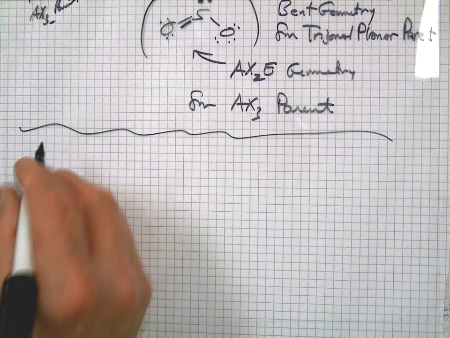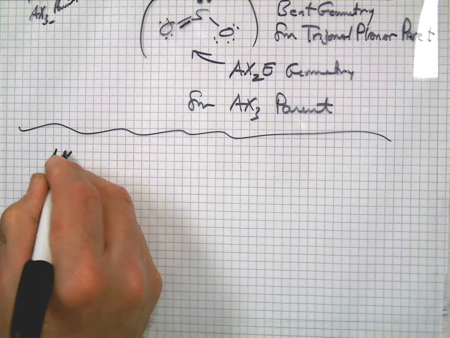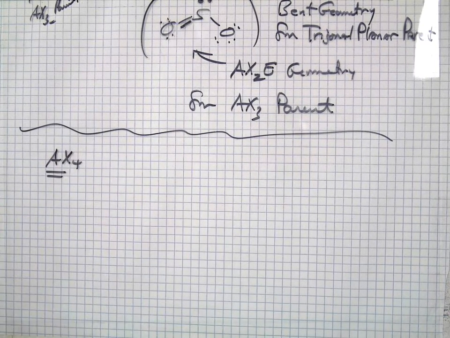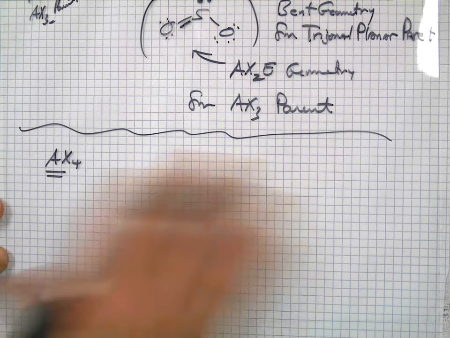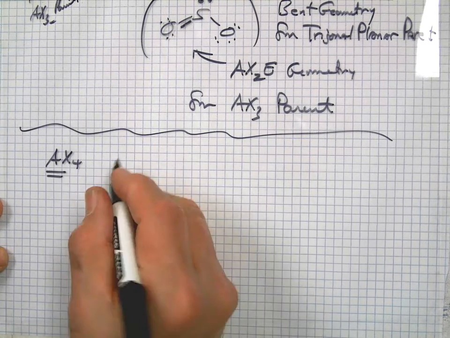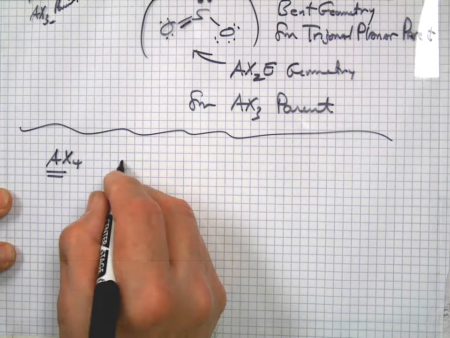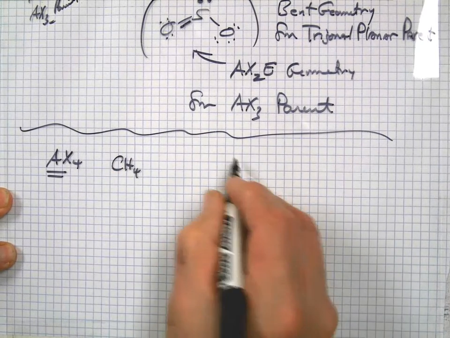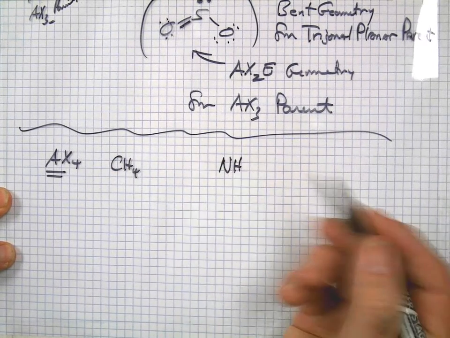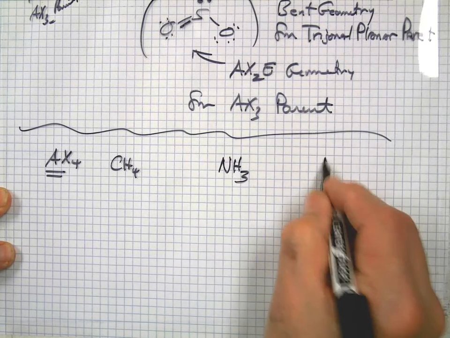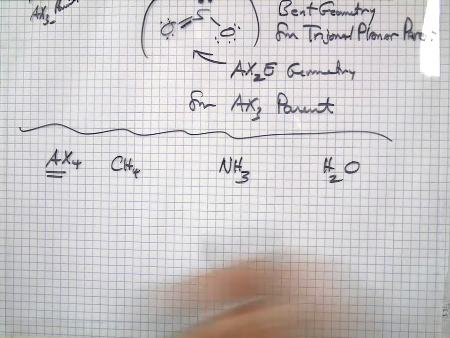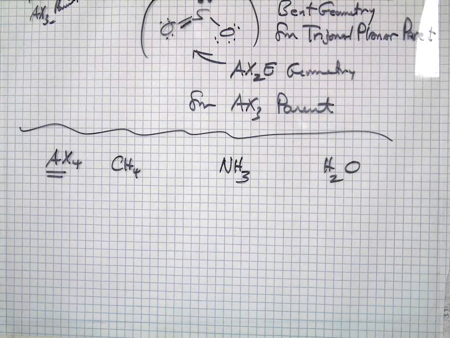Now, the next parent structure is an AX4. And this deals with a number of molecules, because you're getting more complex in the generalizations of structures. As a matter of fact, we're going to look at methane, CH4, ammonia, NH3, and water, H2O. Now, what do we need?